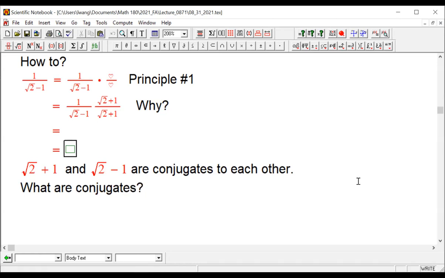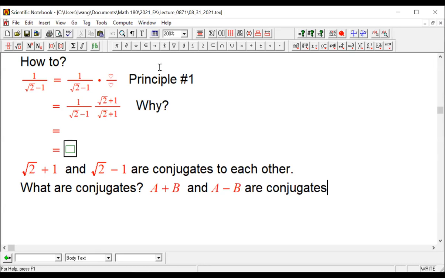What are conjugates? You arbitrarily choose a number A and you arbitrarily choose a number B. Any two numbers. If you add them, A plus B, and you do A minus B, these two quantities are called conjugates.